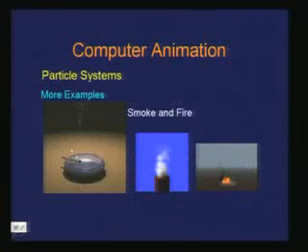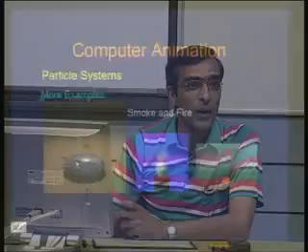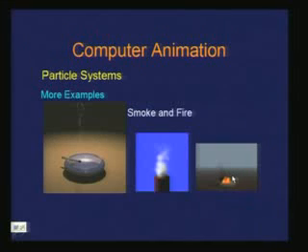There are other examples, right? This is a simulation of smoke coming from a cigarette. This is also done using a particle system. As I said, the attributes could be color, opacity, the transparency. That's an attribute you can use for simulating smoke and fire, right?